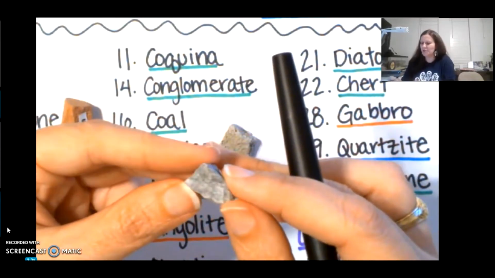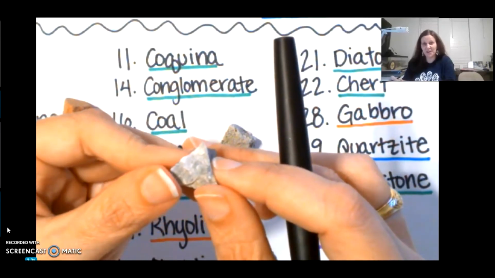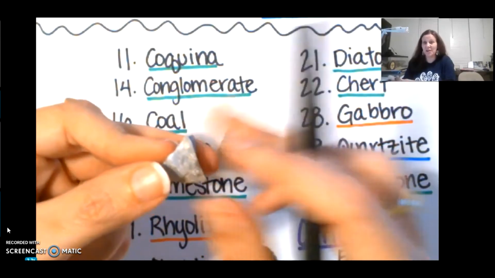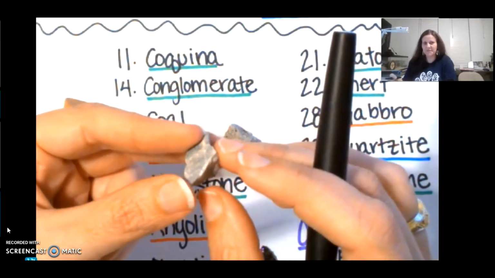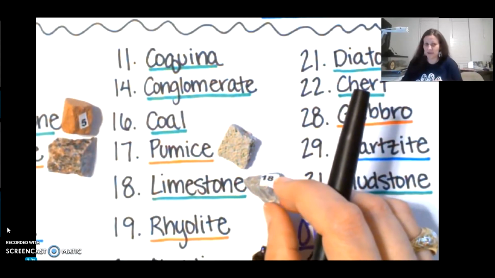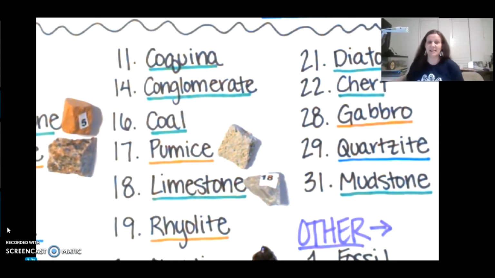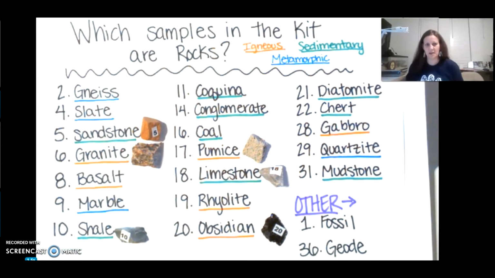So limestone is really unique because a lot of times it's made up of a lot of fossil material, particularly the shells of different organisms that lived a long time ago. So that is a sedimentary rock, but it's going to be compacted and deposited shells and other calcium and carbon-rich material. Okay, so we've got 6 up there now.